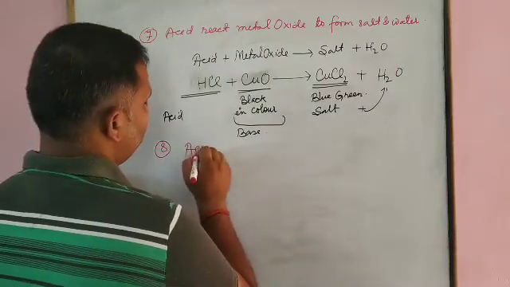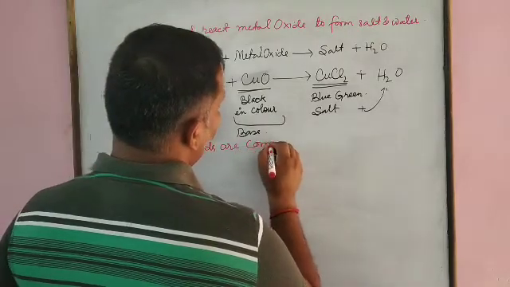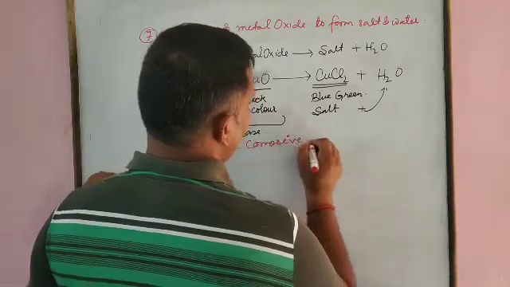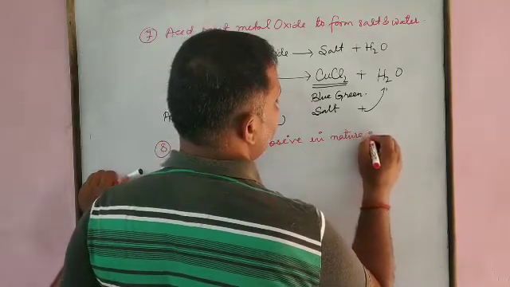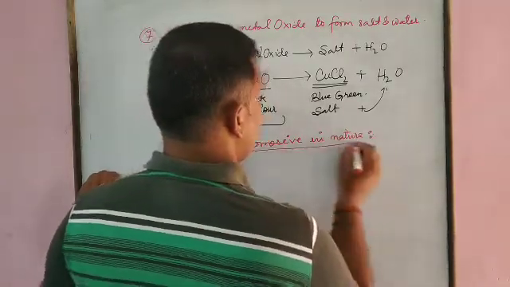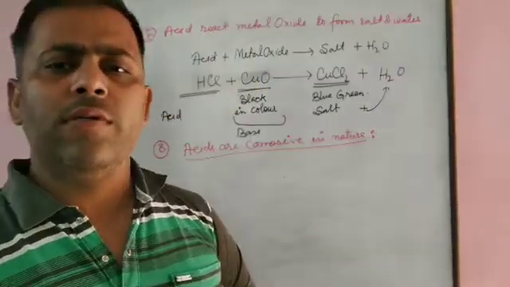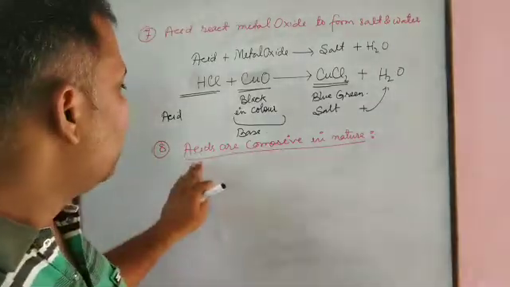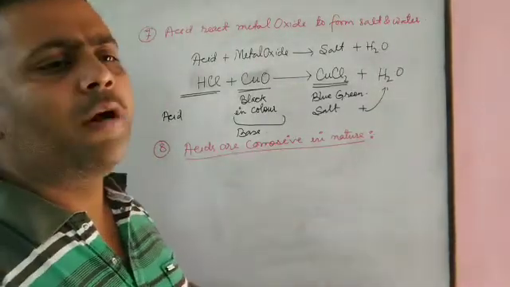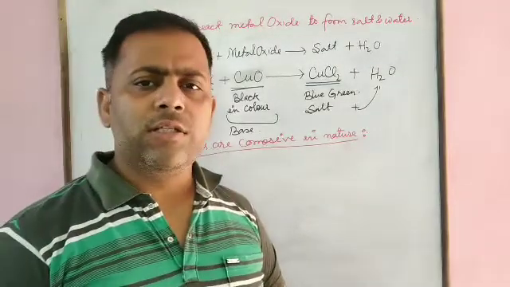Acids are corrosive in nature. It means it deteriorates or burns the surface on which they fall. When acid falls on an object, it will corrode it. But are all acids corrosive?